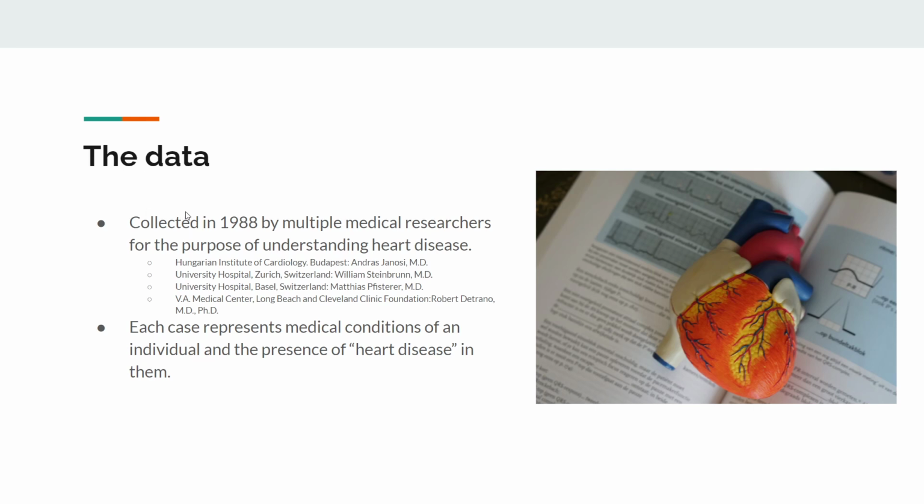And the data was collected in 1998 by a multinational team of researchers for the purpose of understanding heart disease. It was collected from Budapest, Switzerland, and the United States.